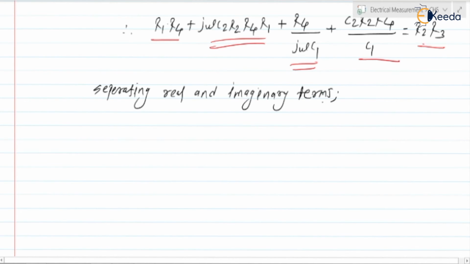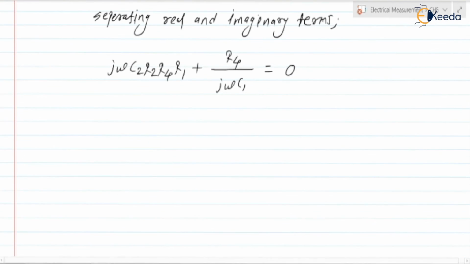We can write j omega C2 R2 R4 R1 plus R4 upon j omega C1 is equal to 0, because at the right hand side we don't have the imaginary term. Therefore, j omega C2 R2 R4 R1 is equal to minus R4 upon j omega C1.